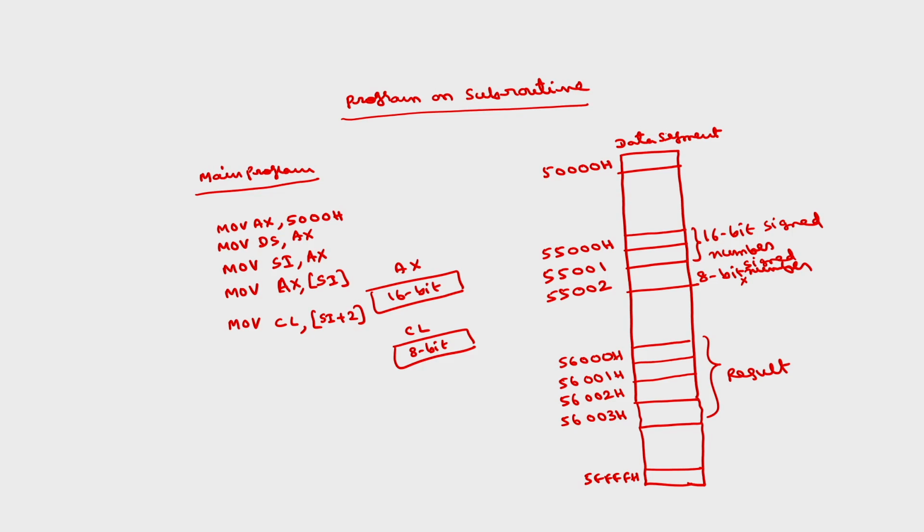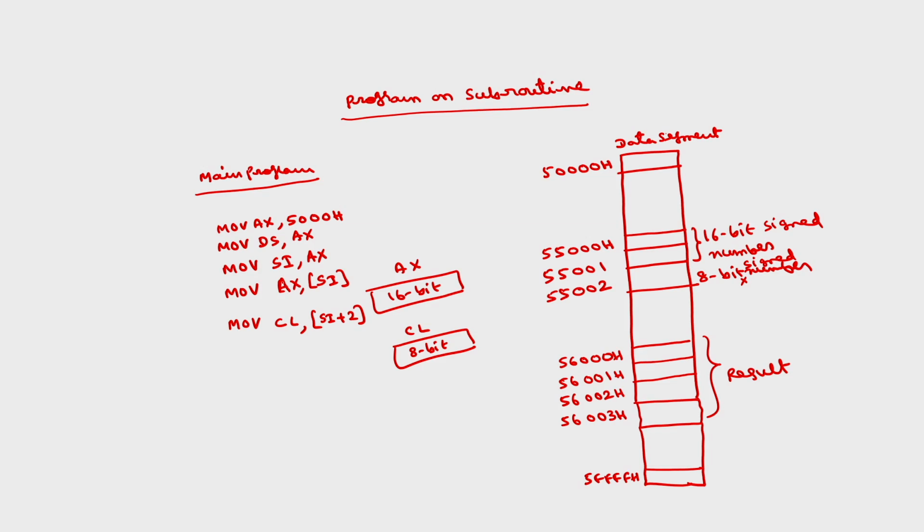Okay. So for that, because 16-bit by 8-bit multiplication, there is no direct instruction in the 8086, you have to do the sign extension of this CL. Okay. So for that we can reverse it in fact.